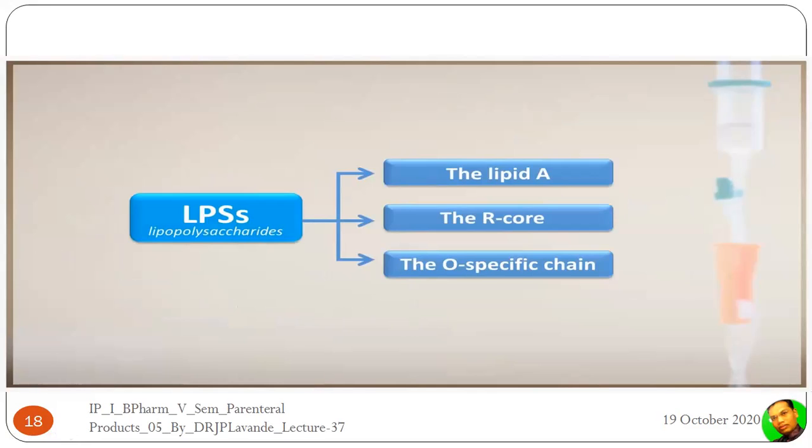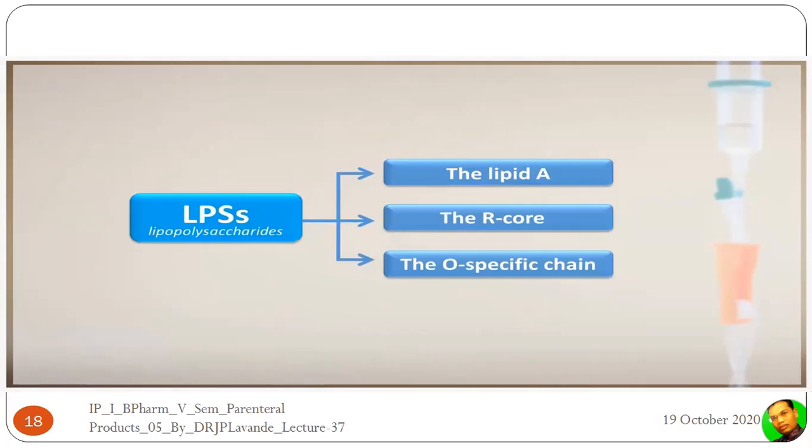So strict care is necessary during the production of the parenteral product, so that there is no contamination in any way at any stage during the compounding and manufacturing of the parenteral product.